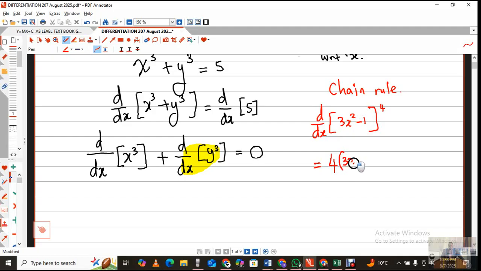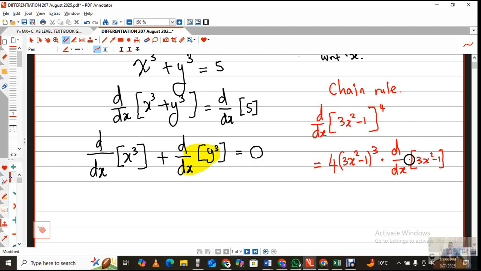Then you have the stuff inside. You reduce the power by 1. But then you're going to multiply that by the derivative of the stuff inside, which is 3x squared minus 1. So this is what you will be doing normally.